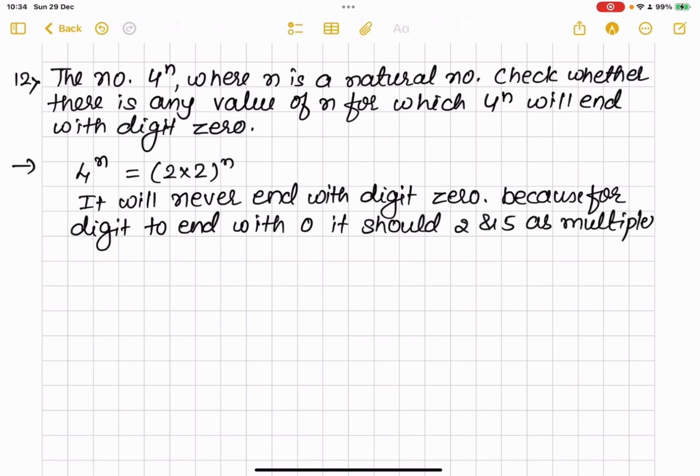So here both 2 and 5 are not there. So I can say 4 raised to n will not have any number which ends with 0.